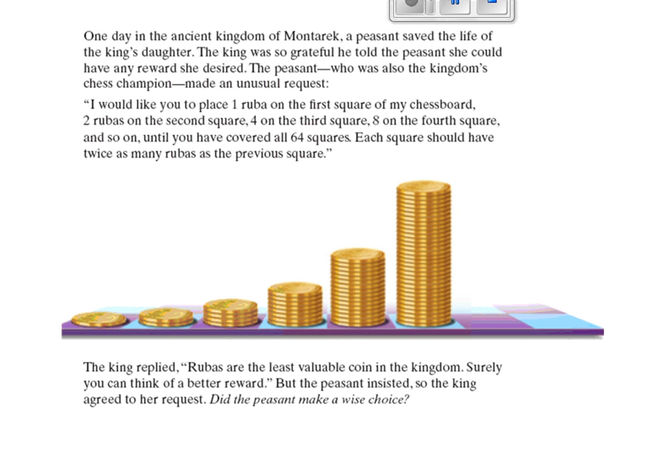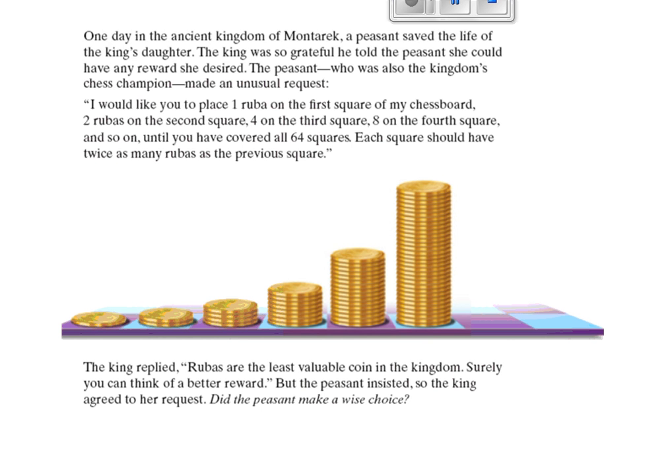One day, in the ancient kingdom of Monteric, a peasant saved the life of the king's daughter. The king was so grateful, he told the peasant she could have any reward she desired. The peasant, who was also the kingdom's chess champion, made an unusual request. This is my best peasant voice.